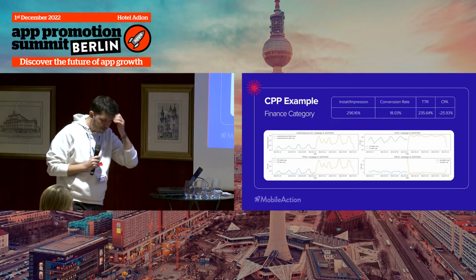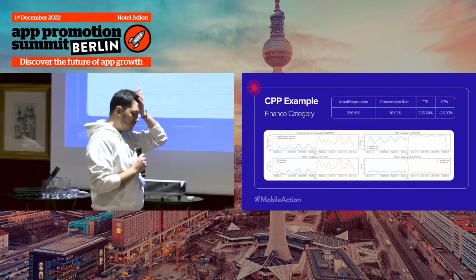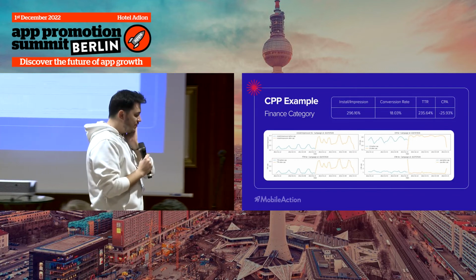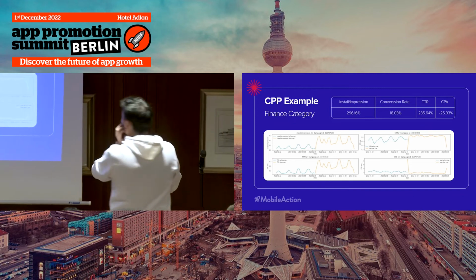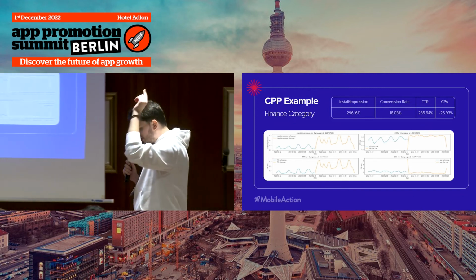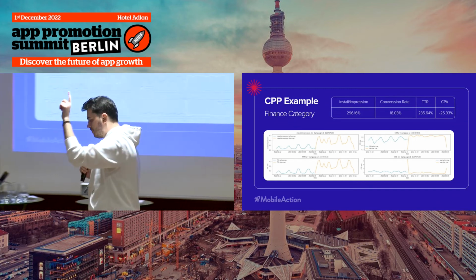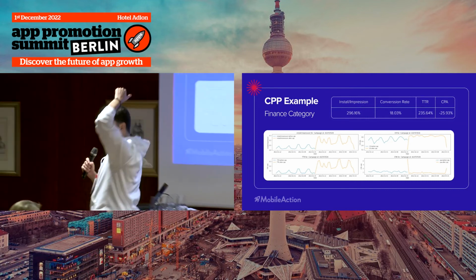And here's an example that I was able to pull for a partner of ours, custom product pages in the finance category. The main metrics I want you to look at here: CPA is a side benefit. If you increase the tap-through rate and the conversion rate without changing the bids and budgets that much, that CPA decrease is expected.